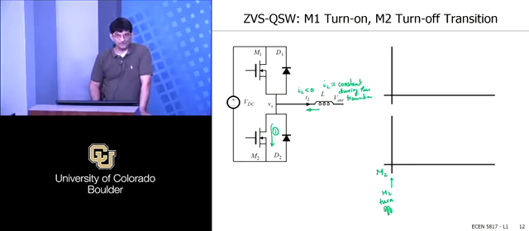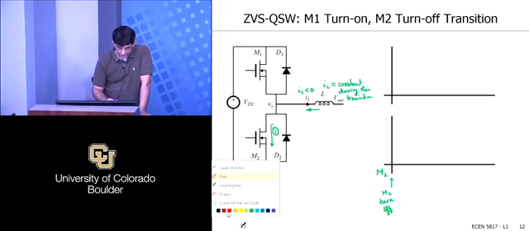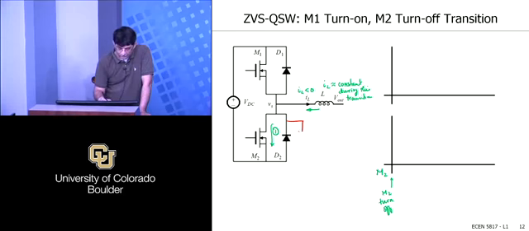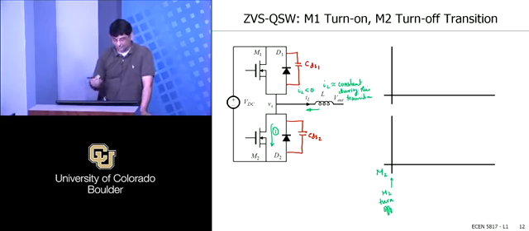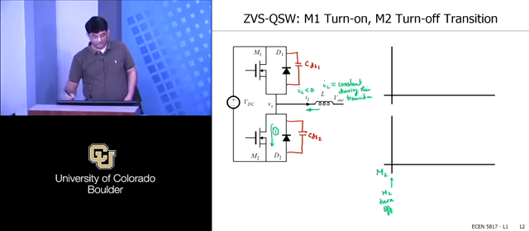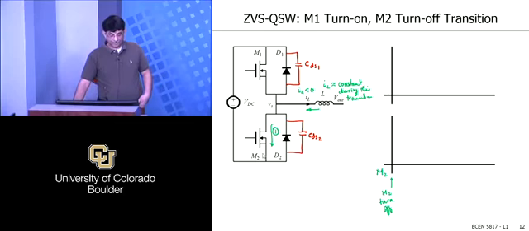Eventually it's going to get into D1, but let's now add back in the capacitors and do the real problem and see what happens with these capacitors. So here's CDS2, here's CDS1. Now it won't immediately get into D1. What's the intermediate step? I turn M2 off. There's no place it can go into M2. It can't go into D2 because that would be going in the backward direction. M1 is still off. So it can either go into D1 or it can do something with the capacitors.